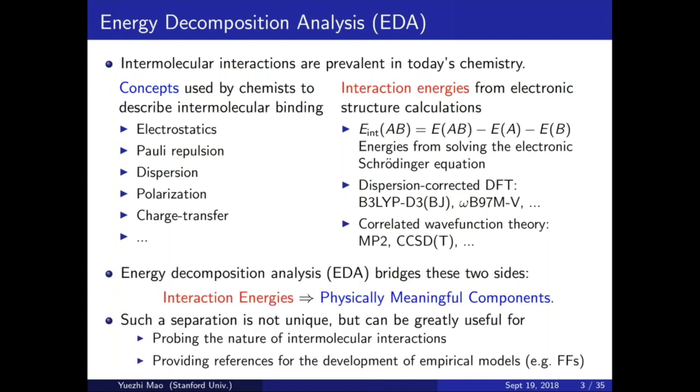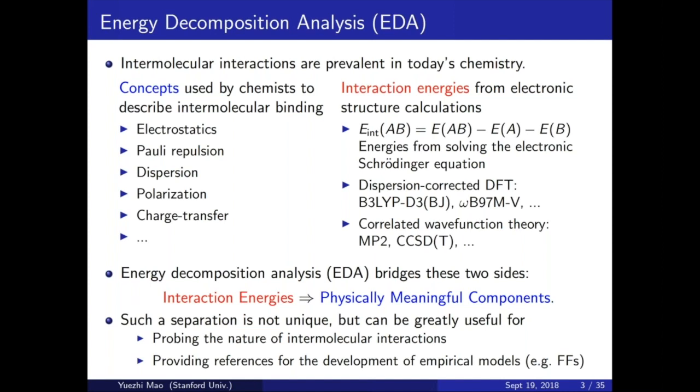Energy decomposition analysis serves as a bridge between these two sides. It can partition the interaction energy calculated by an electronic structure method into a couple of physically meaningful components.